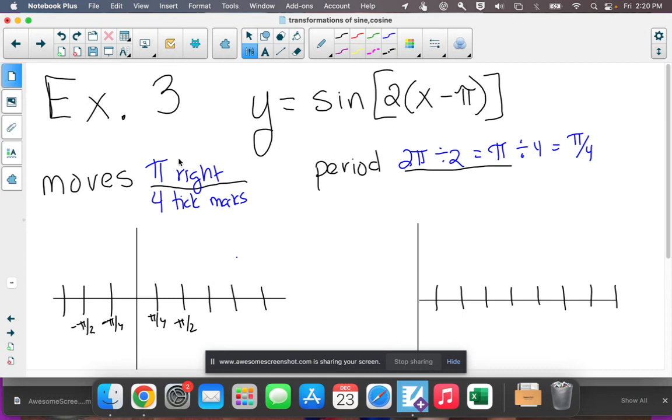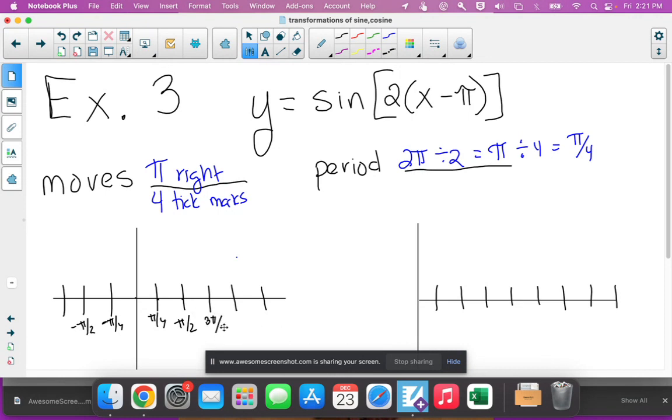So now you're moving it 4 tick marks to the right. So it would have started here. So now it's going to start 1, 2, 3 here. This is where you're going to now start your sine function, okay? And then it's going to go 4 more tick marks because that's how much we need.